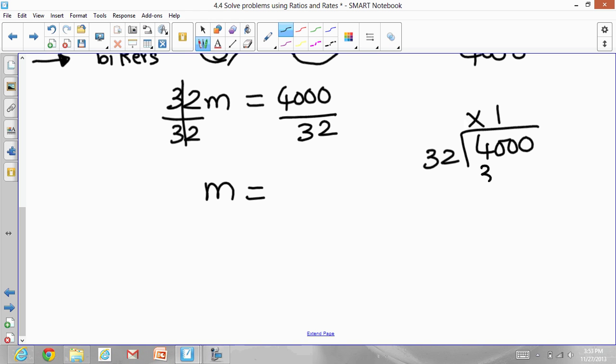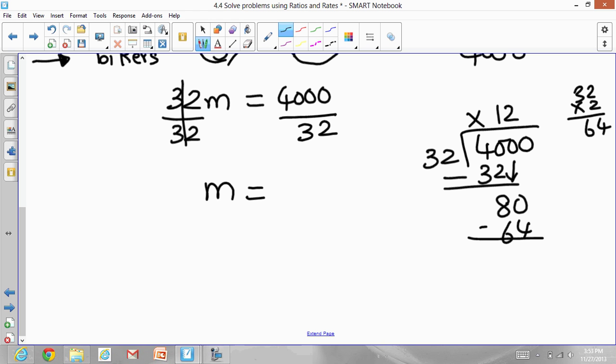This will be 1, 32, 40 minus 32 is 8, bring the 0, and 32 goes into 8 2 times to give you 64. I need to take a borrowing here, so that'll be a 7 and a 10. 10 minus 4 is 6, 7 minus 6 is 1.